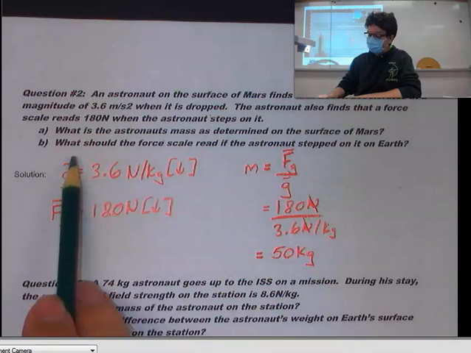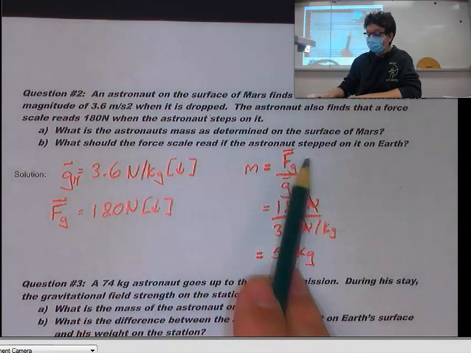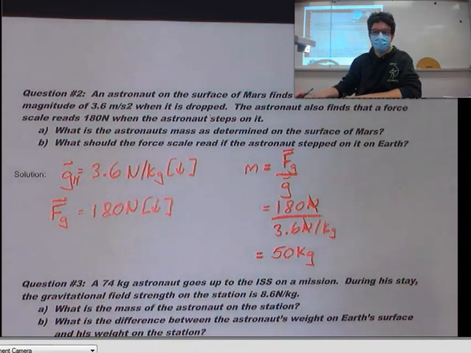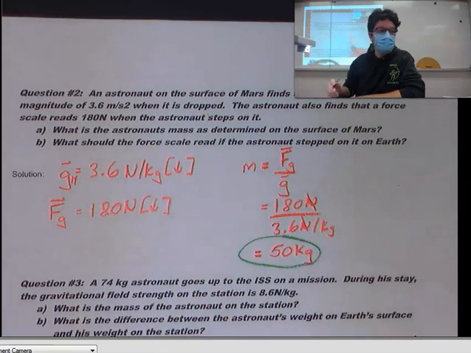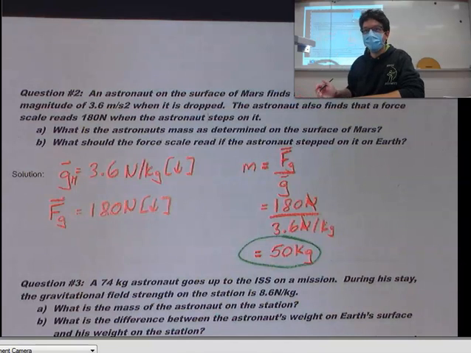Part B says, what should the force scale read if the astronaut stepped on the Earth? So if the astronaut comes back to Earth, the astronaut's mass does not change, right? Unless they ate a lot, but let's just say it doesn't change.